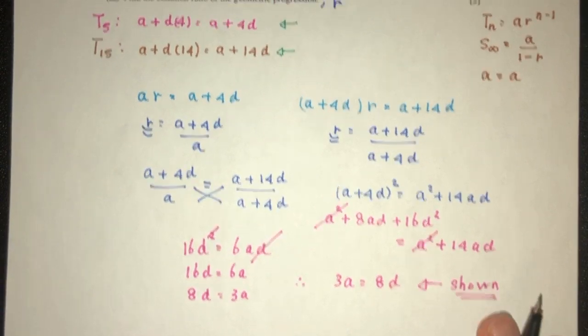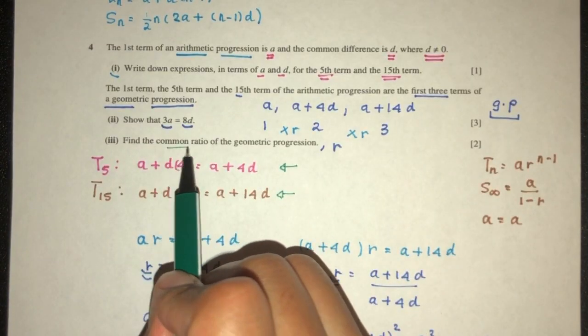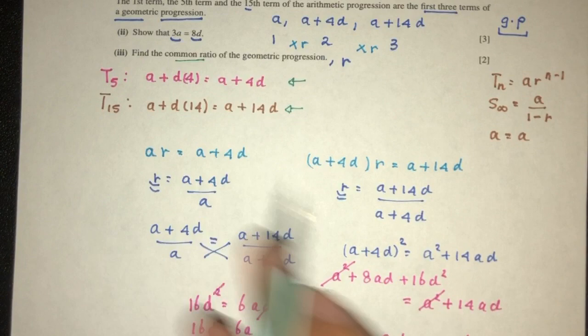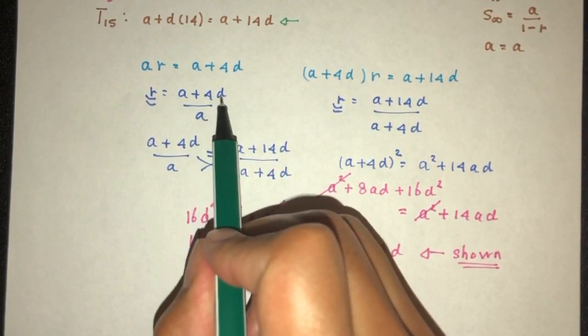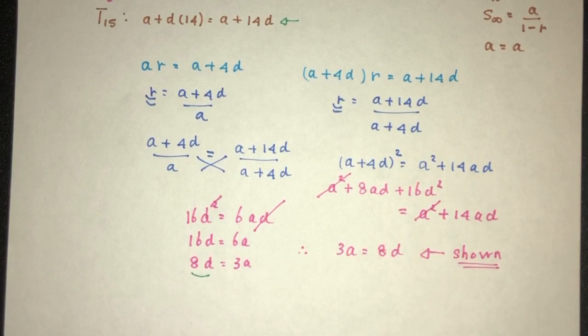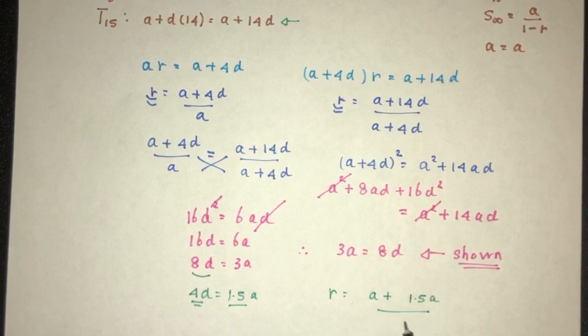So now we have to use this value to find the value of r. So let's replace back in this equation. Now here we have 8d, but here we have 4d. How can you make 8d become 4d? Divide by 2. You will have 4d here, and that will be 1.5a, right? So replace this by this in this equation. So r is equal to (a plus 1.5a) divided by the value of a.